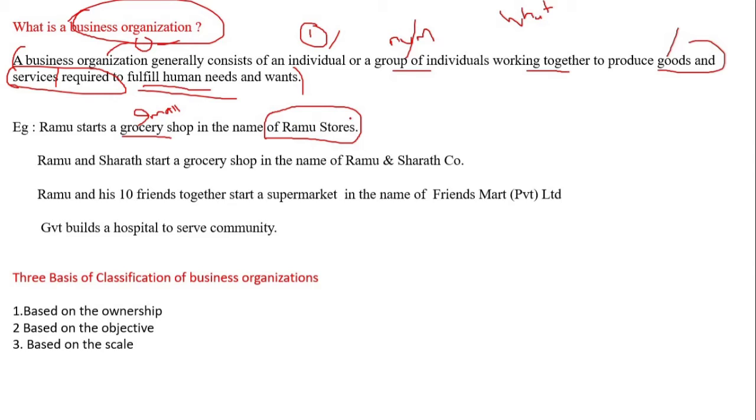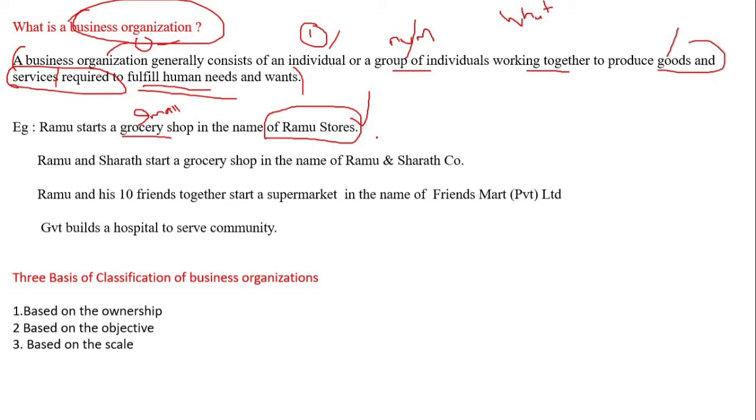So, Ramu Stores is also a business organization. I already said business organization is not required to have big buildings, lots of employees, and lots of furniture like that. A very small grocery shop is also a business organization.